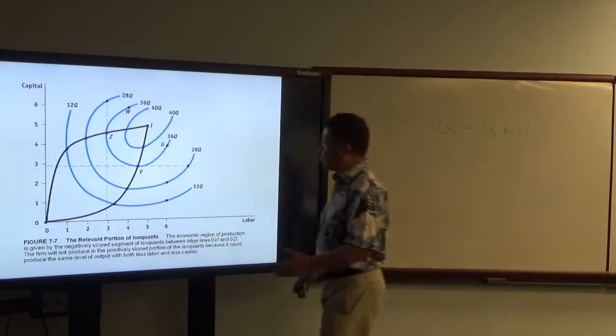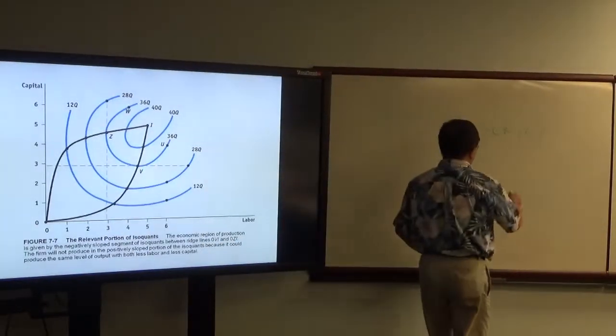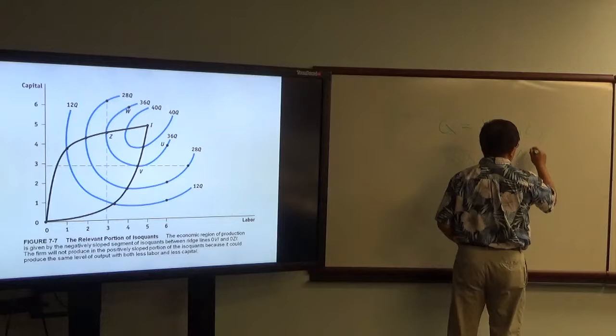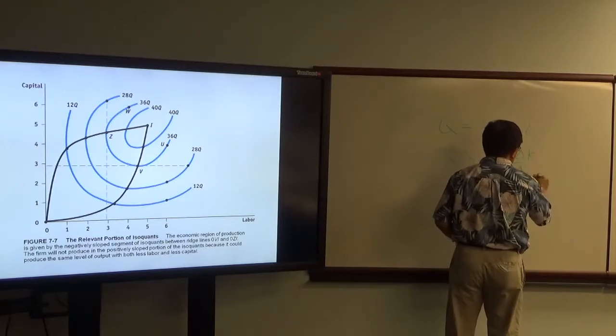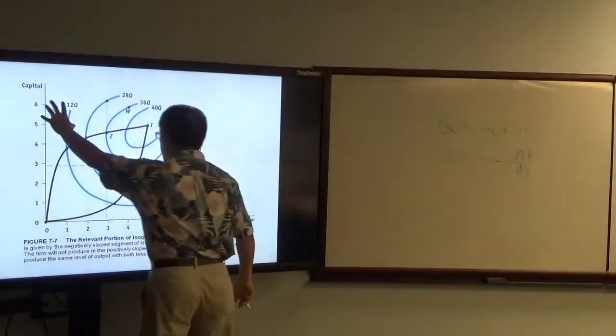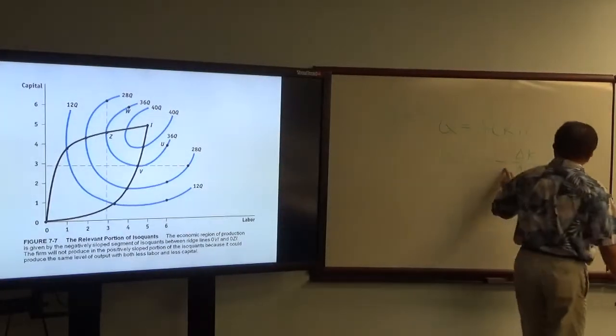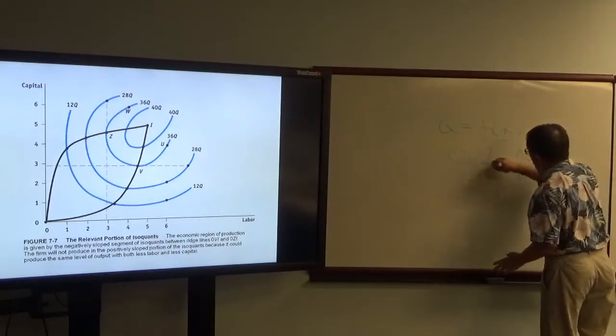If we take a point, that's the slope of the isoquant. The slope of the isoquant is a negative number. That's the change in the vertical axis, change in capital, versus change in labor. But add a negative sign here, so this becomes a positive.